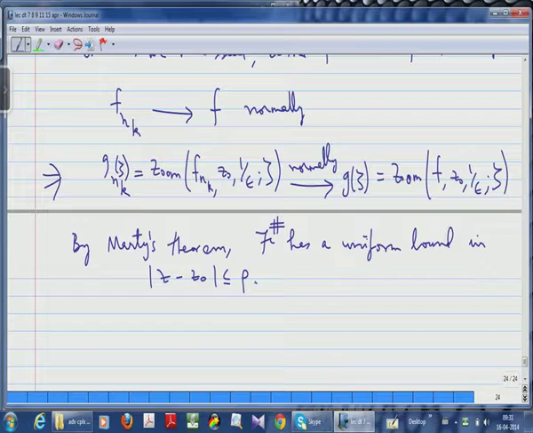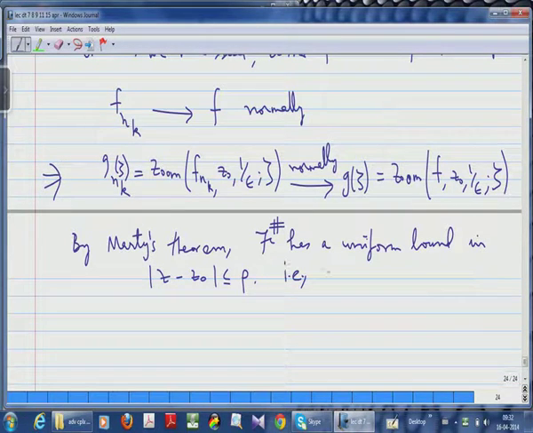This is because mod z minus z0 less than or equal to rho is a compact set, and on a compact set I have a uniform bound for the spherical derivatives, which is equivalent to normality. This is Marty's theorem.